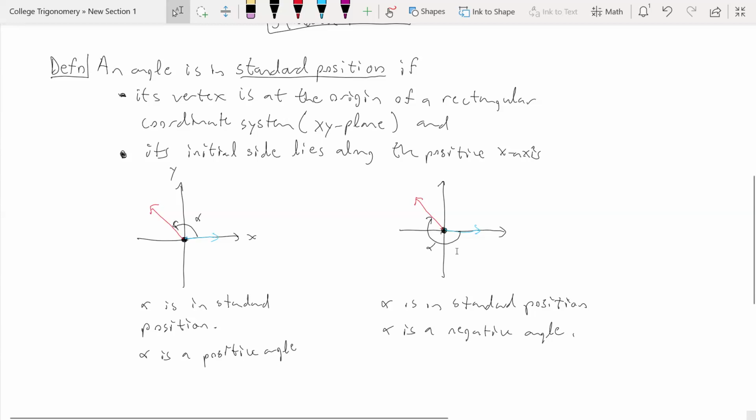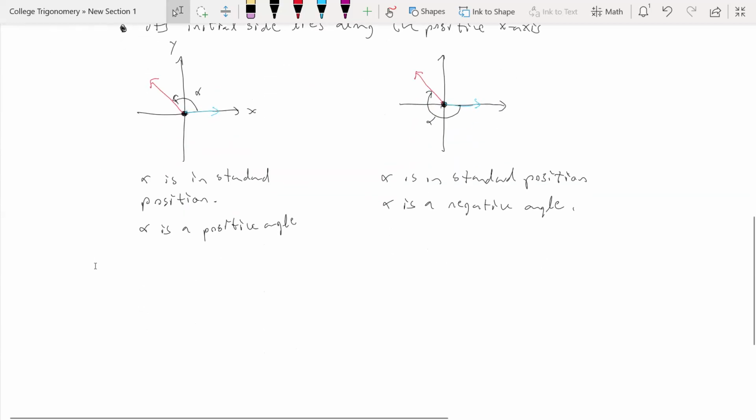So I'll make a little note down here that says, by convention, which just means that this rule was created a long time ago. We're going to stick with it, right? It has to do with the apparent position of the sun in the sky in the northern hemisphere, basically.